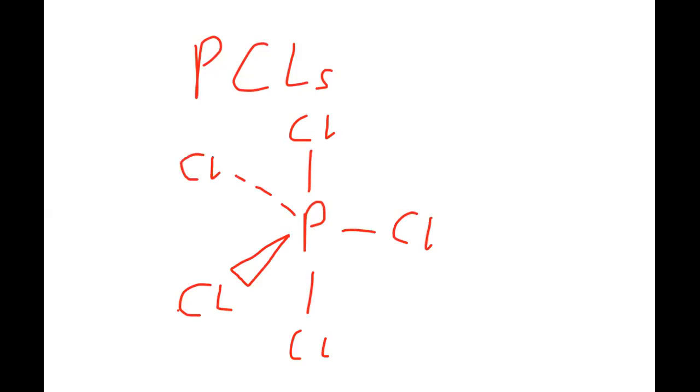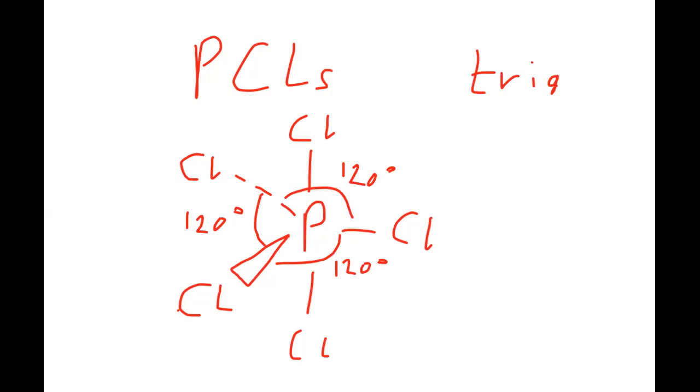Now the angle between these 2 is 180 degrees, 90 degrees, but the angle between these 2 chlorines and these 2 is 120 degrees. This shape is called trigonal bipyramidal, and angles are 90 degrees and 120 degrees.